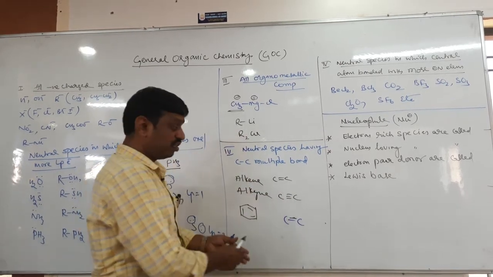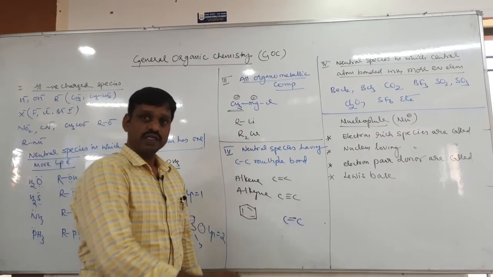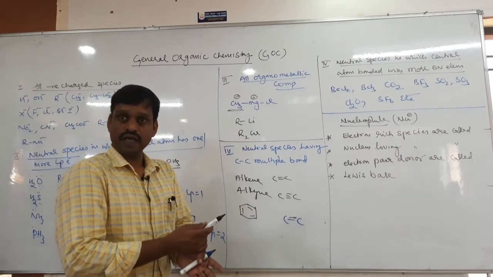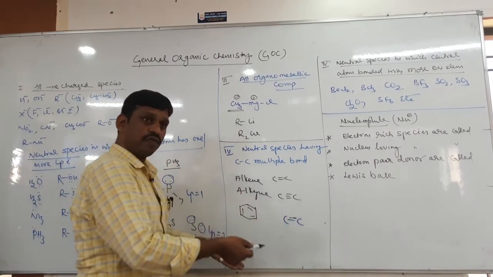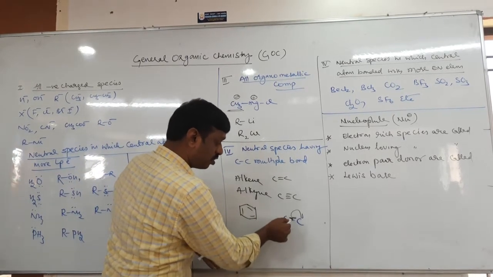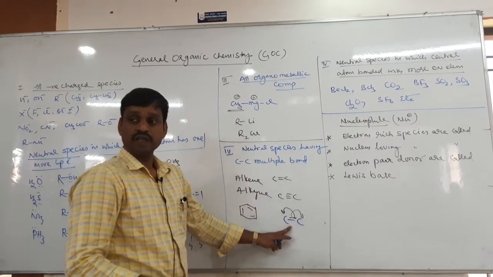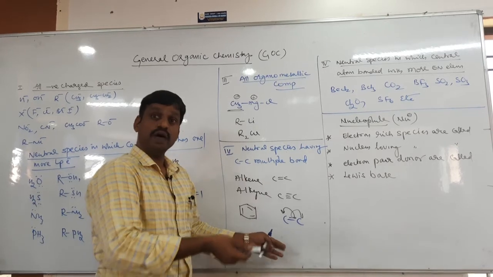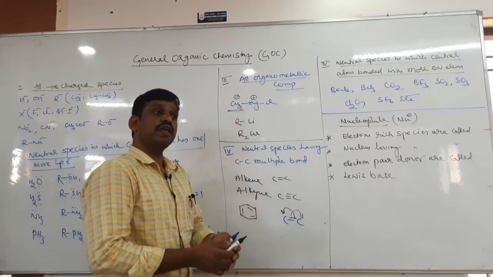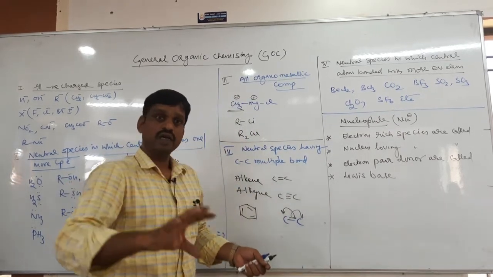Due to the weak bond, these pi electrons are delocalized electrons. They can jump. As per the condition, when the situation changes, this pi bond may shift this side or that side, but not the sigma bond. If the sigma bond is shifted, the molecule changes. So if any molecule has a pi bond, those pi electrons are electron rich.